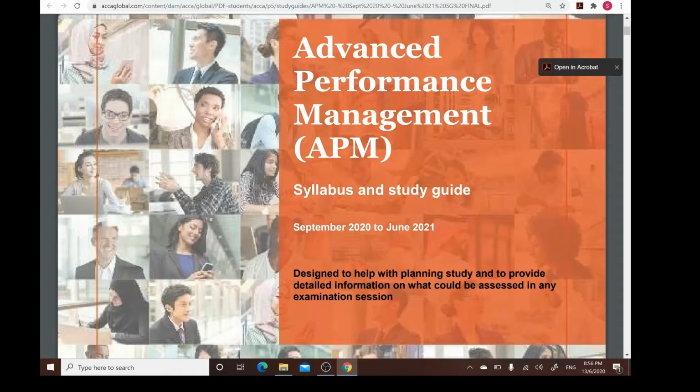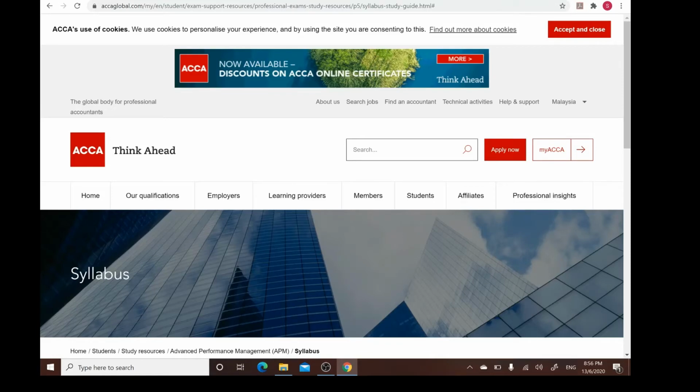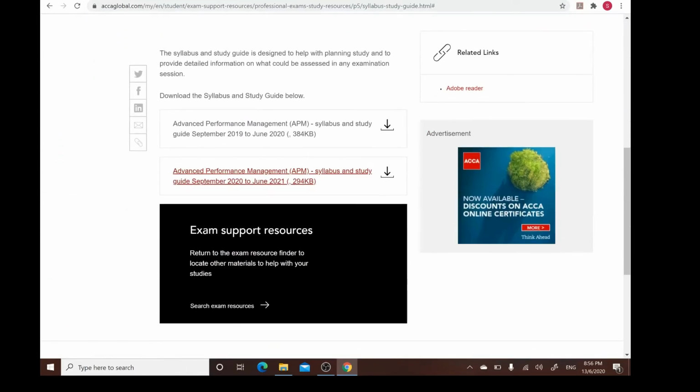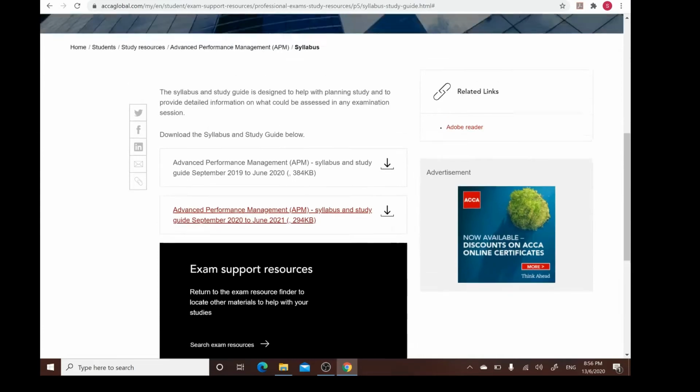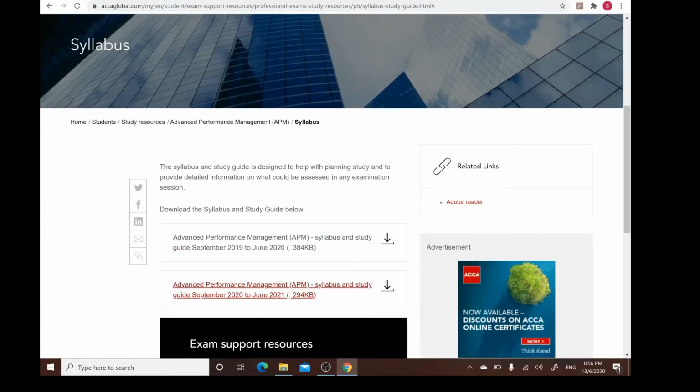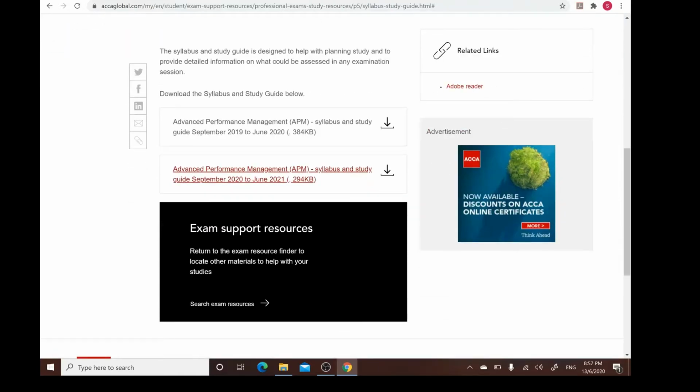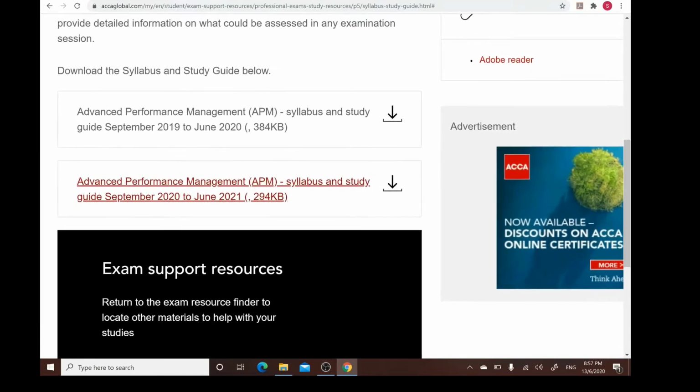Let me share with you that it's possible to download the ACCA APM syllabus guide via the ACCA website. Here, if you look at these two options, the first is the APM syllabus and study guide from September 2019 to June 2020.